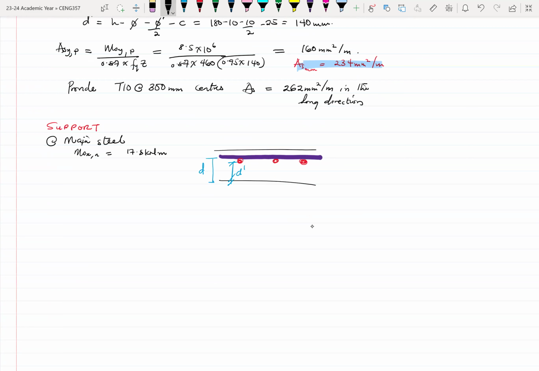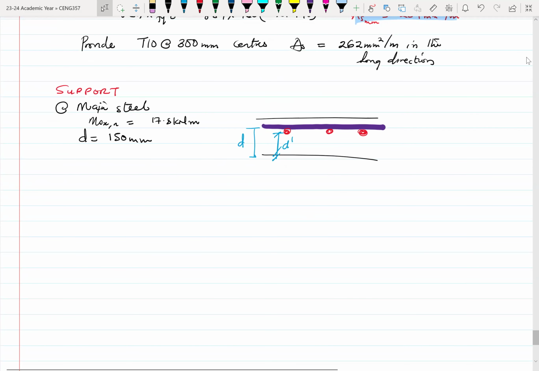So here our D will be 150 millimeters. You can check K and all of that. Normally it's good practice to always check K. Check K and then compare if K is small.